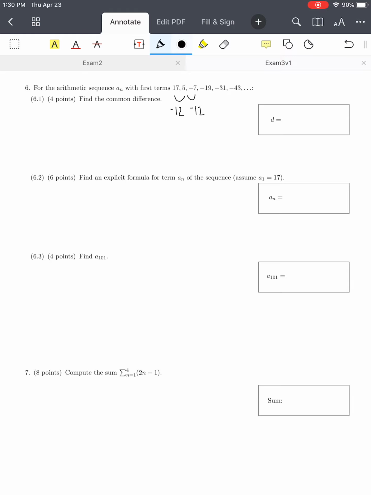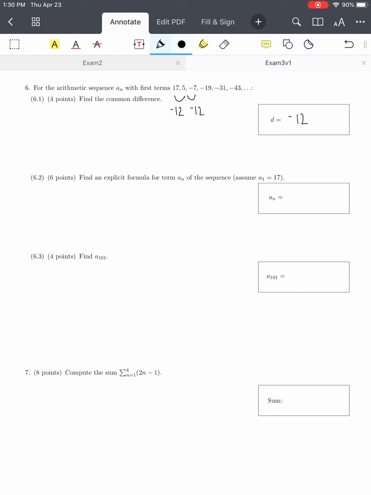That's really all we need to know. So the common difference is -12. Sometimes you'll be confused as to whether it's a +12 or a -12. Remember, it's what we add to get the next number: we're adding -12 to get from 17 to 5. So if it's decreasing, it's negative. If it's increasing, it'll be positive.